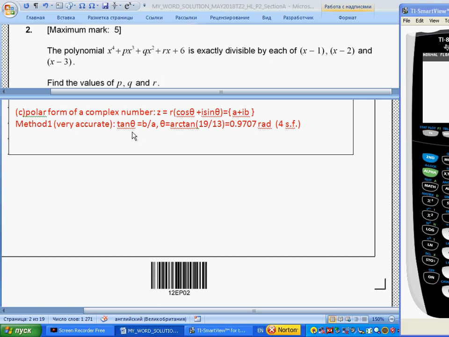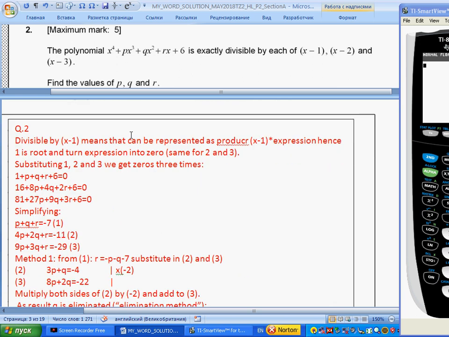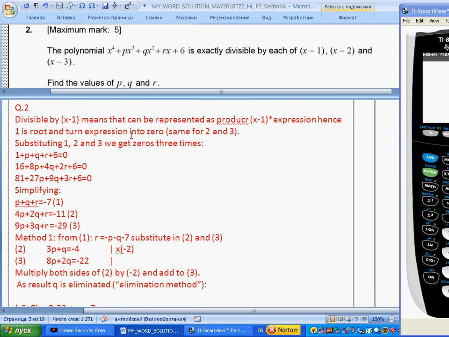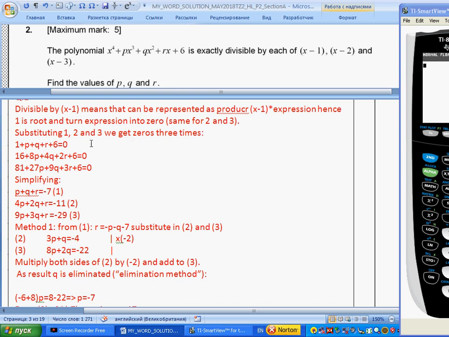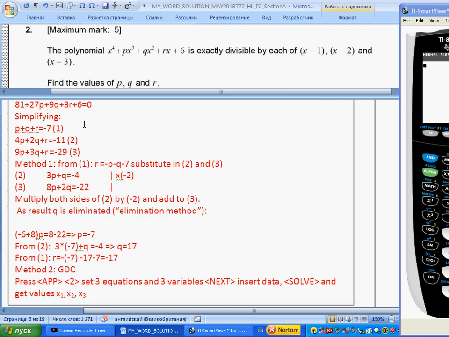Let's look at the solution. So let's substitute 1, 2 and 3. We'll get 4 equations. After simplification we get another three equations. We can solve these equations ourselves.